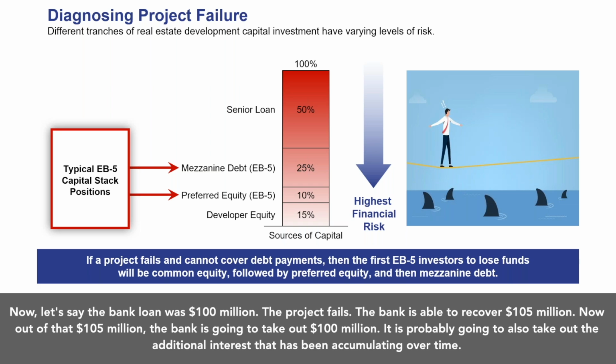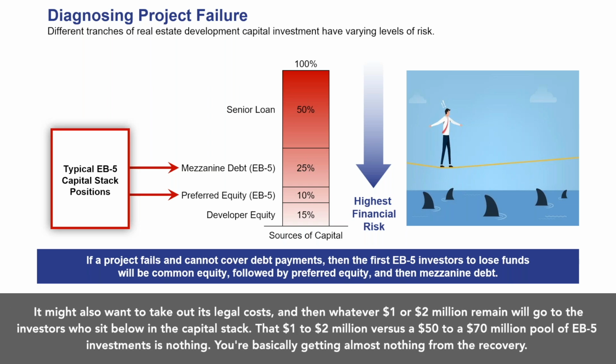It is probably going to also take out the additional interest that has been accumulating over time. It might also want to take out its legal costs. And then whatever 1 or 2 million remain will go to the investors who sit below in the capital stack. And that 1 to 2 million versus a $50 to $70 million pool of EB5 investments is nothing. You're basically getting almost nothing from the recovery.